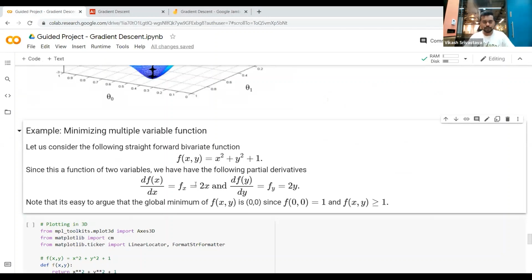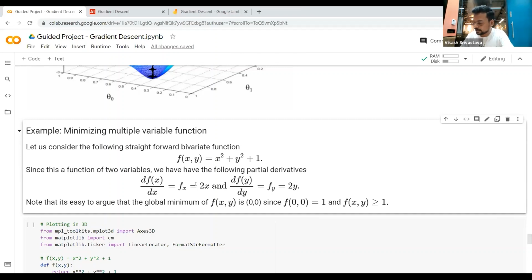In this case, how do we find the minimum of this multivariate function? This is an example of a multivariate function; to be precise, this is a bivariate. So what do we do in this case? We find the partial derivative of the function with respect to theta naught. That will give us 2 theta naught.